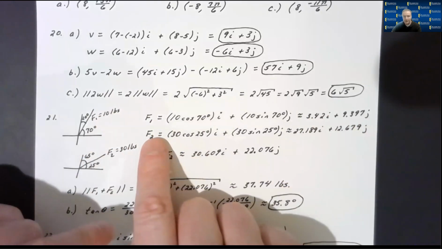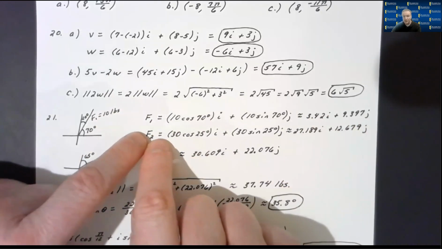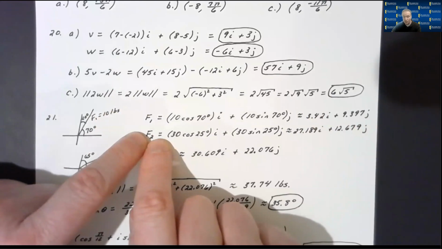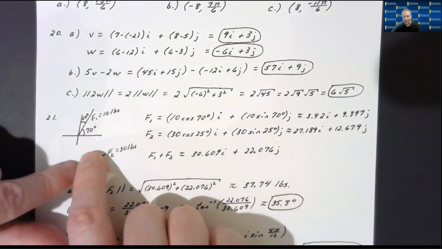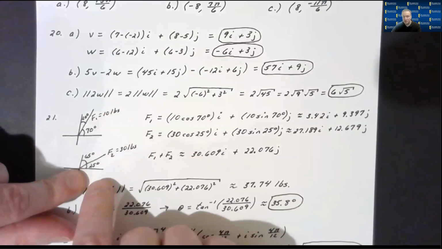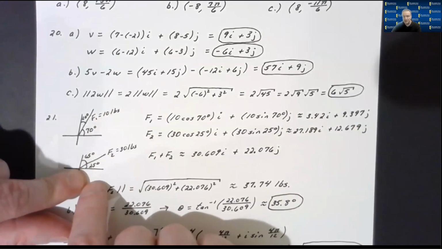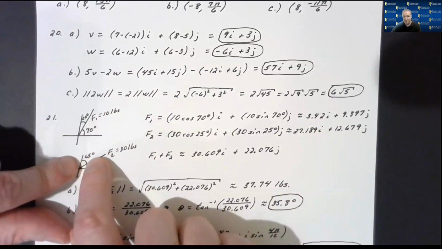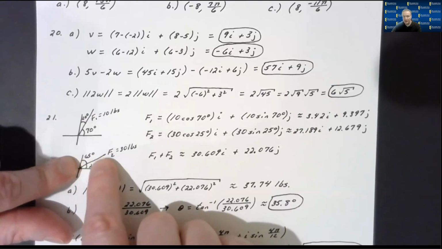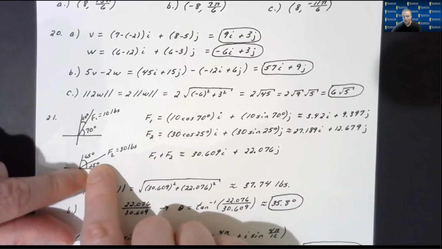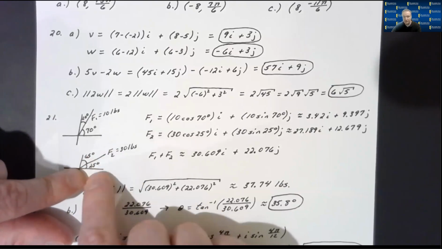Now, what about the vector resulting from the force F2? Well, F2, it said the direction was 65 degrees east of north. So that means this angle right here is 65, meaning the angle within my quadrant is going to be 25 for theta. That's the angle between the positive x-axis and my force.